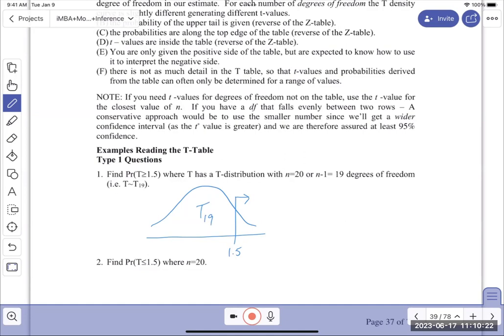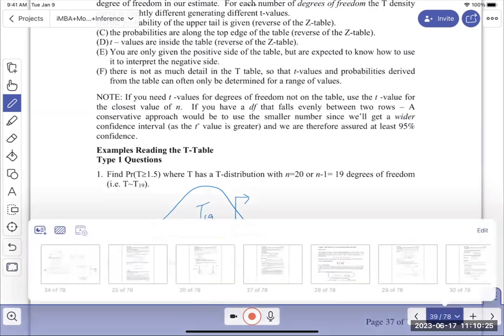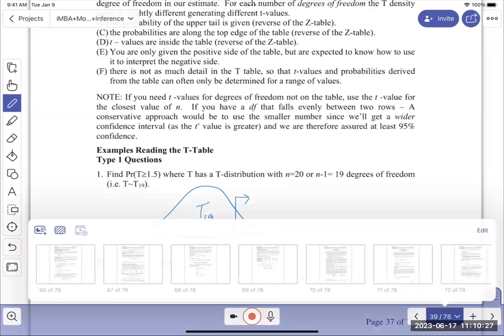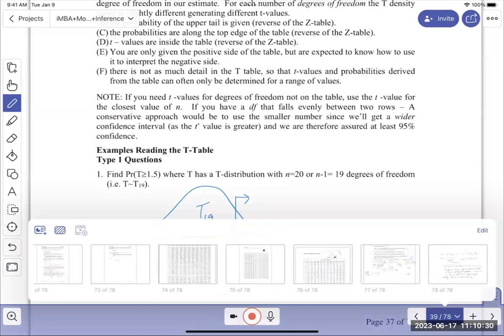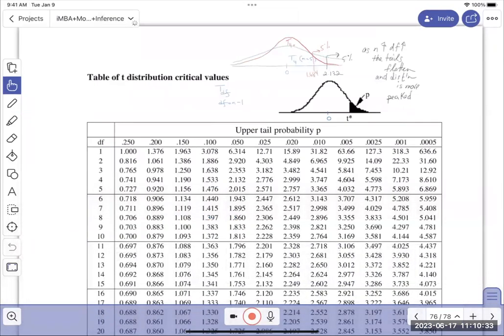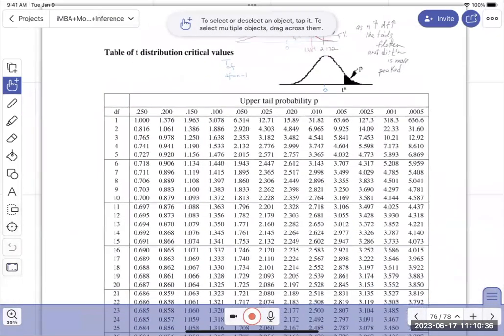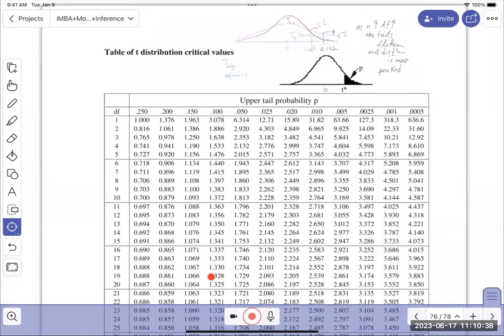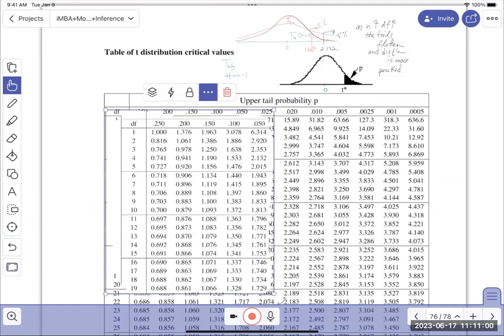What do you get? So we go to T19, which is down here. And there's no 1.5. So what do we do? I'm going to take this section of the table with me.